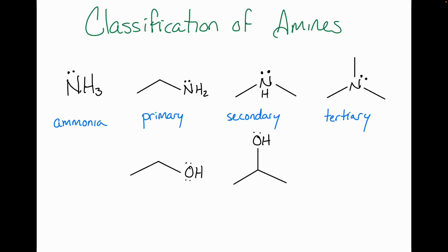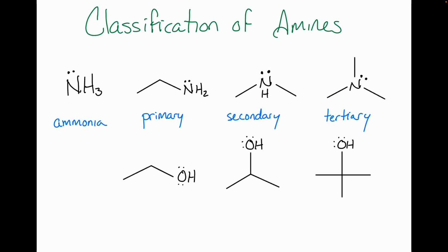It means that the carbon that it's bound to has 2. Tertiary alcohols: the carbon that it was bound to had 3 other carbon neighbors. All right, so it's a little bit different with amines. Any organic molecule with a nitrogen is an amine, so our classification is saying how many carbons are bound to that nitrogen.